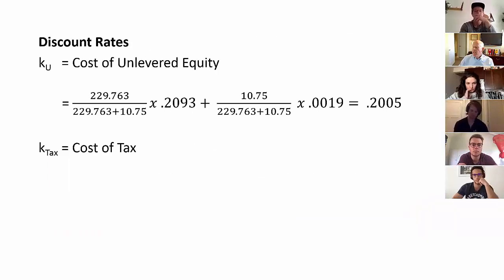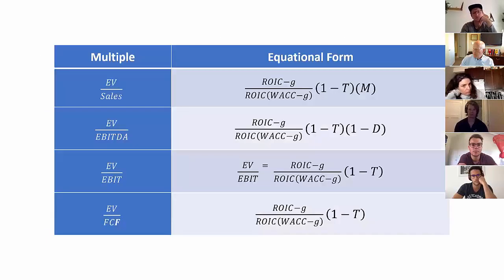Because ROIC should be known, WACC should be known, and the tax rate should be known, right?